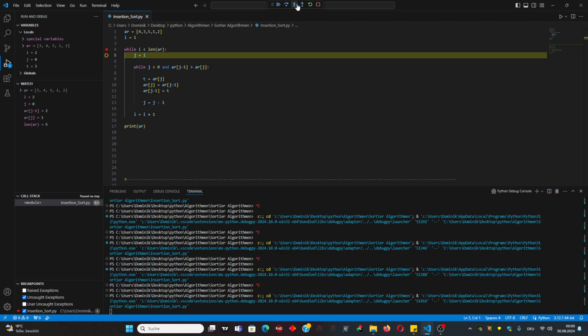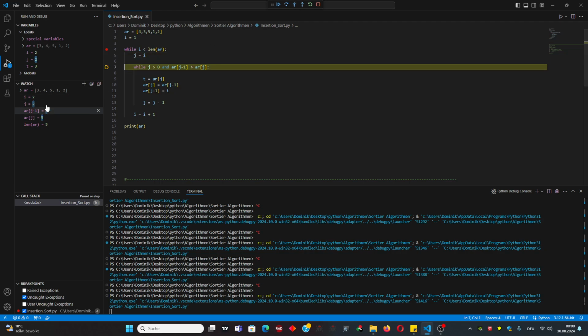J is getting again the value of I. J is 2, and 2 is higher than 0. Then we check again the values in our list. AR[J minus 1] is holding the value of 4, while AR[J] is holding the value of 5.